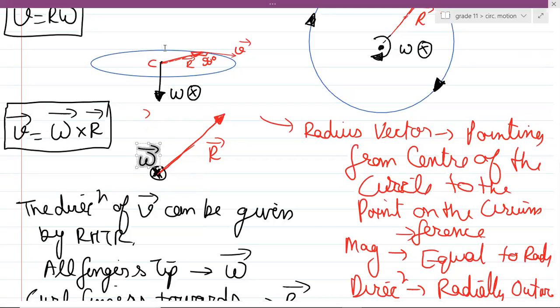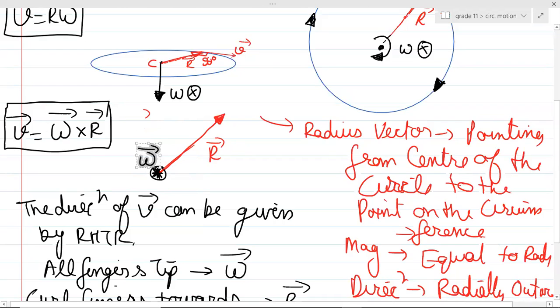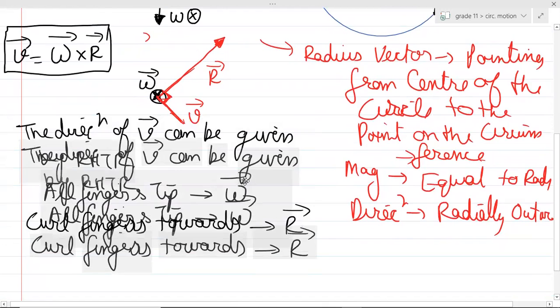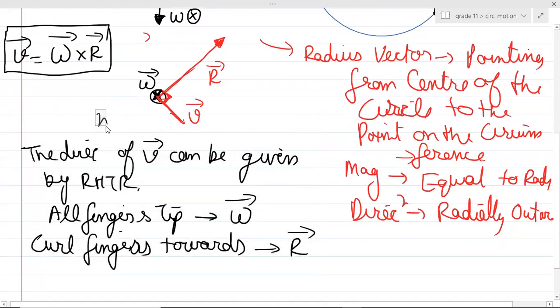Now everyone can see this is your velocity vector, this is your radius vector, and your omega vector is pointing into the plane. Now I think it will be easier for you to apply this. Can you apply it now? Yes, omega is acting into the plane.